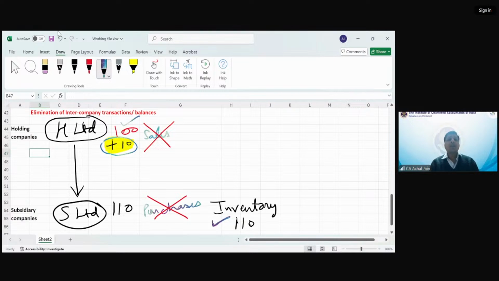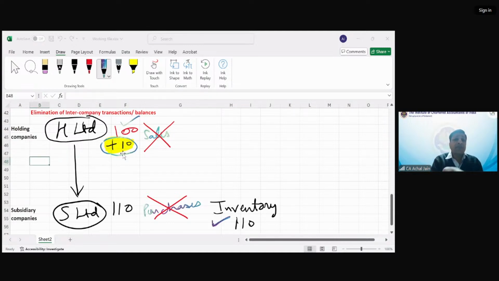If you look at the consolidated balance sheet, you will now be recording the inventory at 110. Do you think it will be appropriate on the part of the company to do that? Will it be appropriate considering that this profit has not been realized?